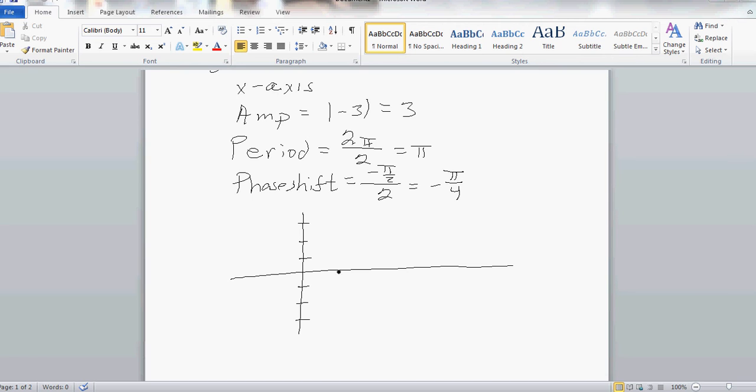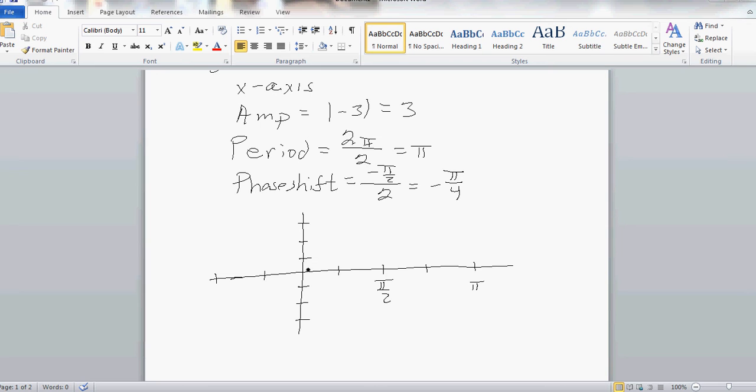The period is pi, so I should be able to make 4 marks here to be pi at the end. And my phase shift is pi over 4 to the right. Well, if we look at this carefully, this is pi over 2, and each one of these marks represents pi over 4.